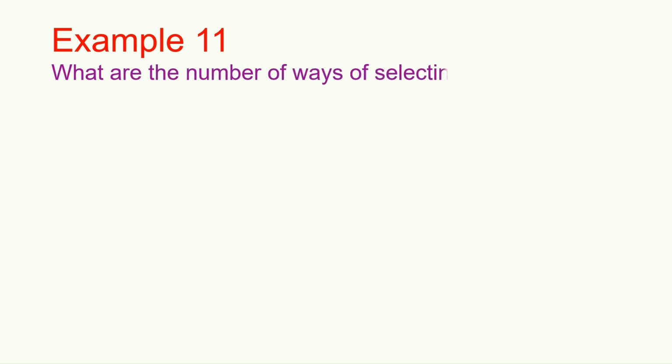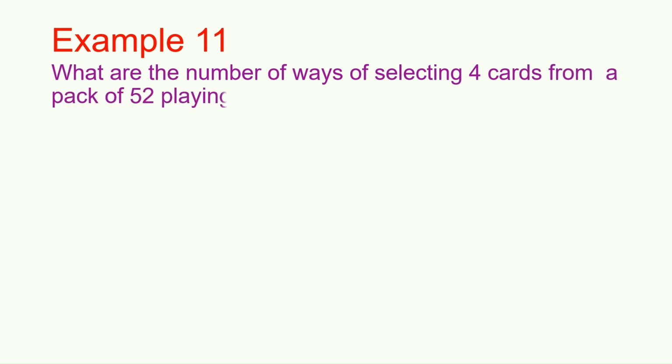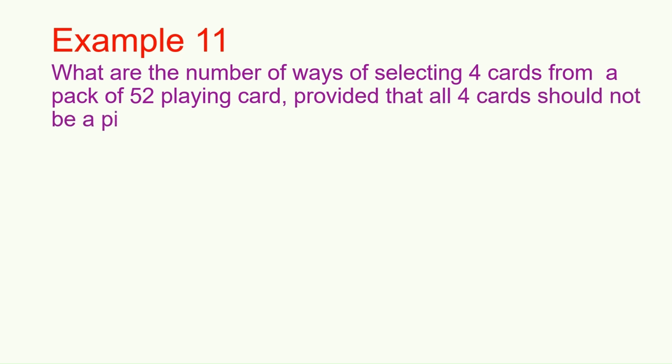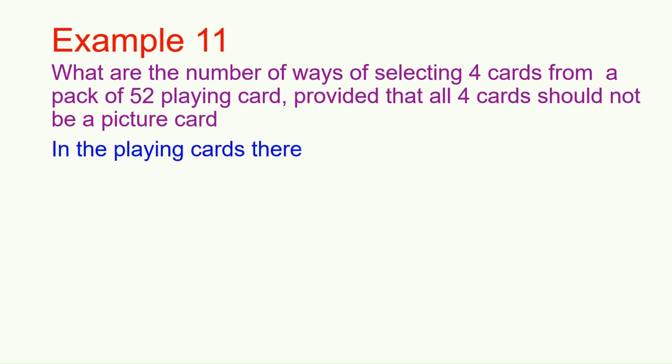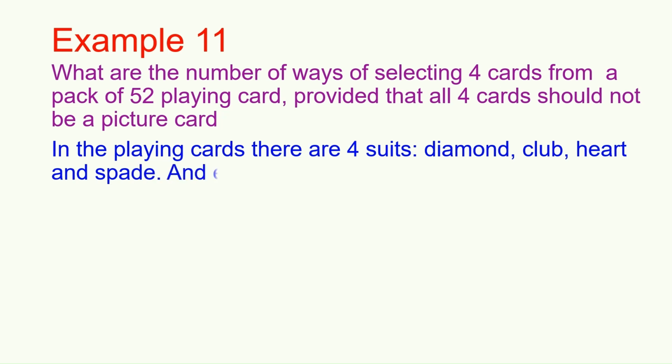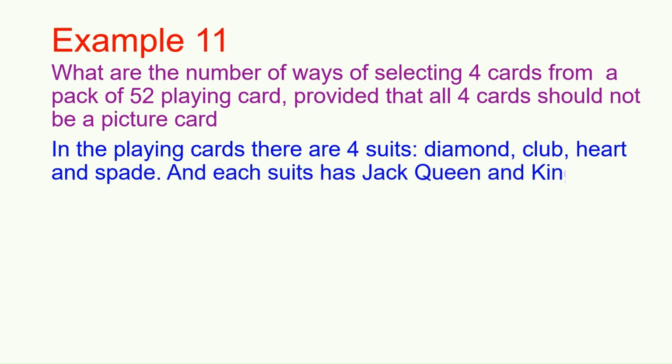Example 11. What is the number of ways of selecting 4 cards from a pack of 52 playing cards, provided that none of the 4 cards should be a picture card? In the playing cards, there are 4 suits: diamond, club, heart and spade, and each suit has jack, queen and king.